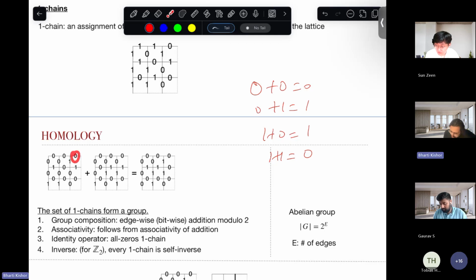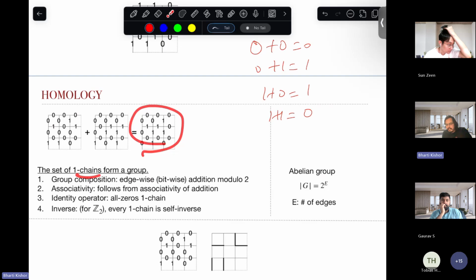Here I have 0 and here I have 0, so 0 plus 0 is 0. But here I have 1 and here I have 1, so 1 plus 1 is 0. So it's very simple addition. To every one-dimensional object, I'm assigning a 0 or 1 element of Z2, and when I'm adding, I'm following the rule of Z2 addition. So that's how I'm adding.